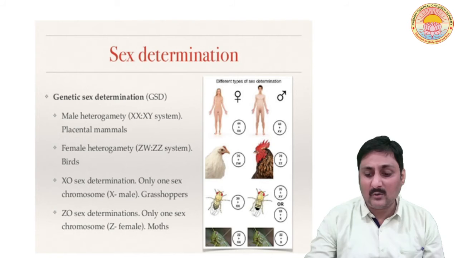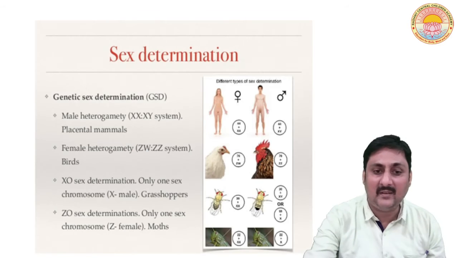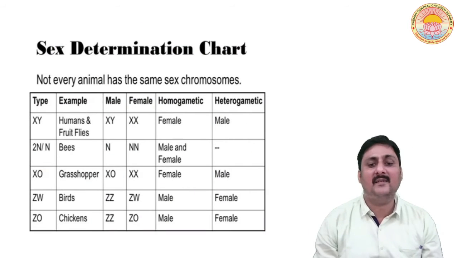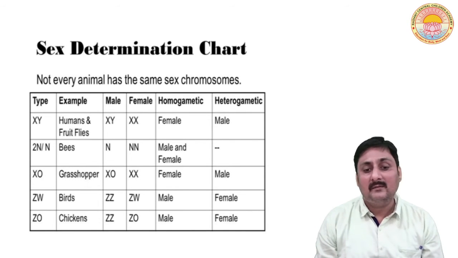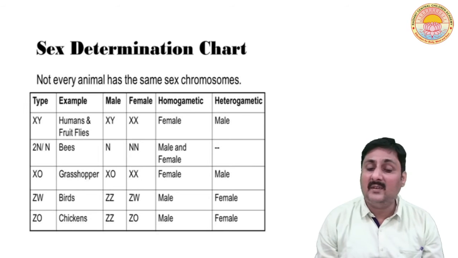So let us now talk about female heterogamety. In certain cases, such as birds, males have two identical chromosomes at the last, Z and Z, as you can see on the screen.